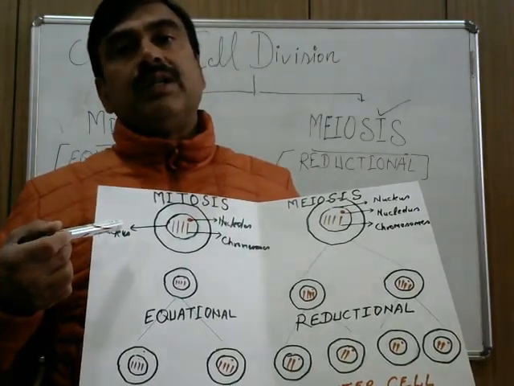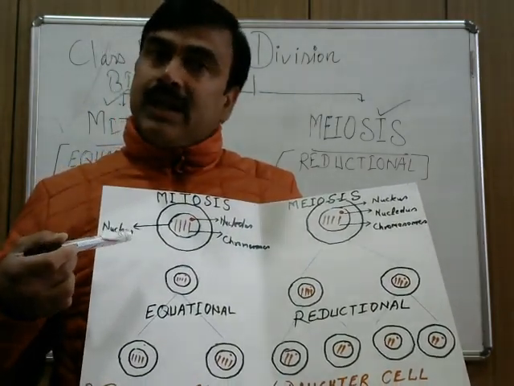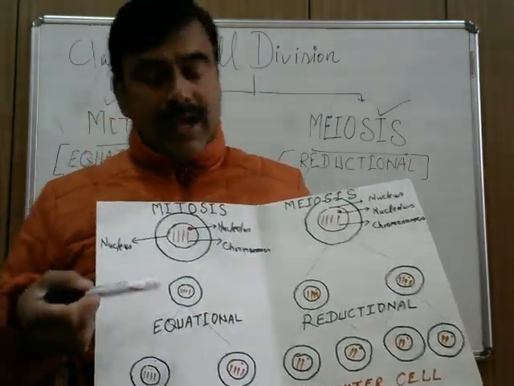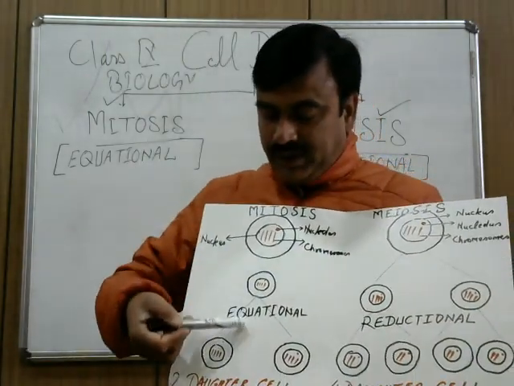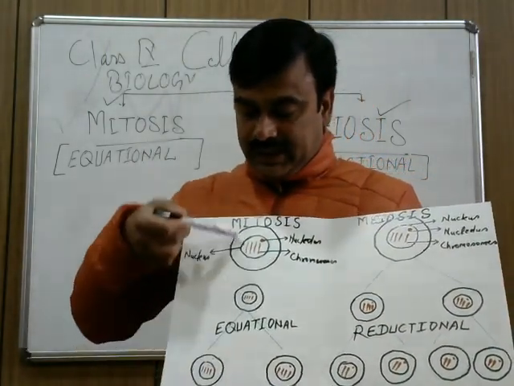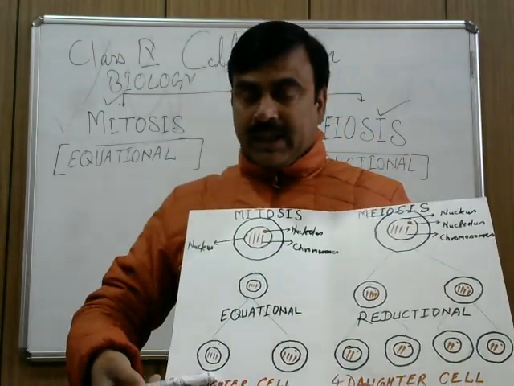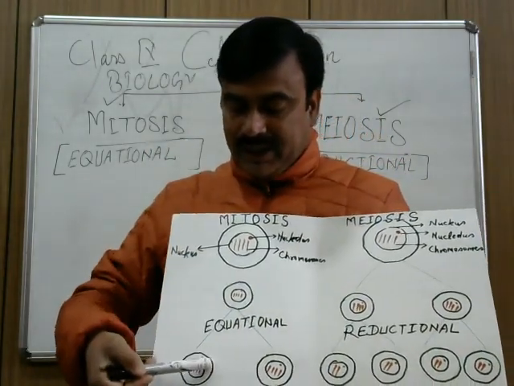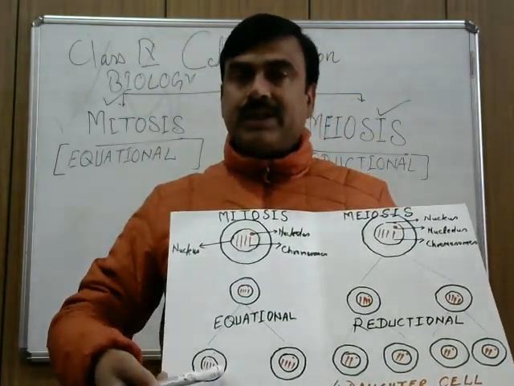equational division. It takes place in the somatic cell. This mitotic cell division is a shorter division.